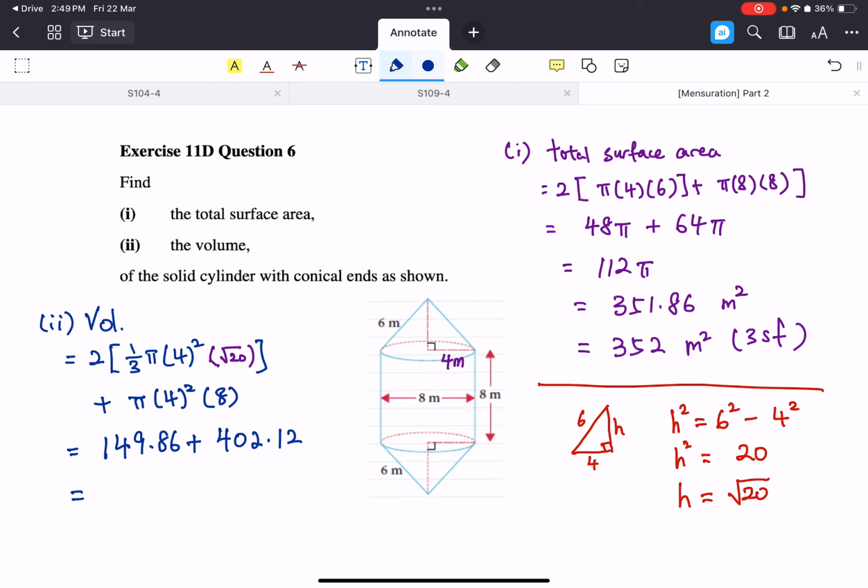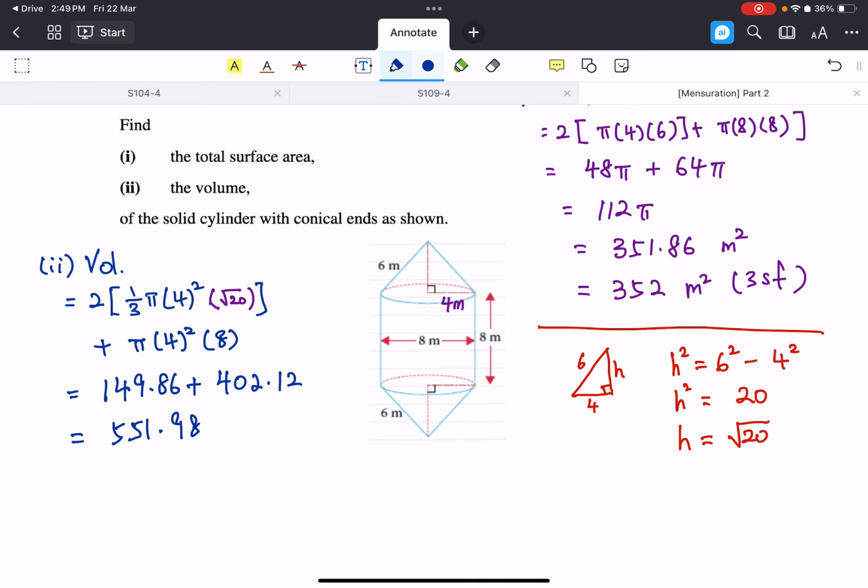Okay, add that together, and that gives us 551.98, right? And of course, the units are in meters cubed, but we want it in 3 significant figures. So 552 meters cubed, 3 significant figures.